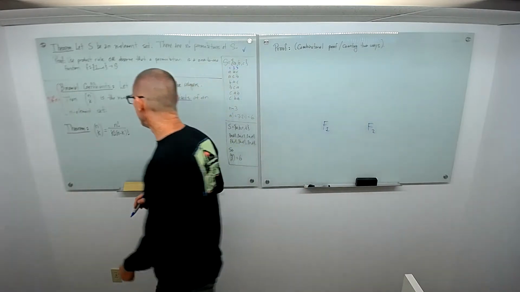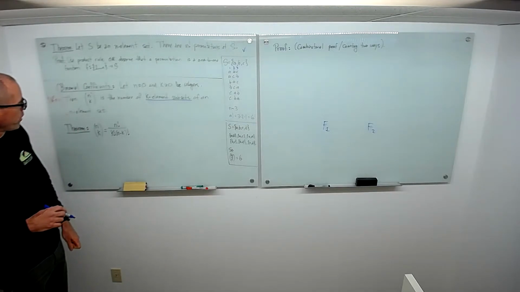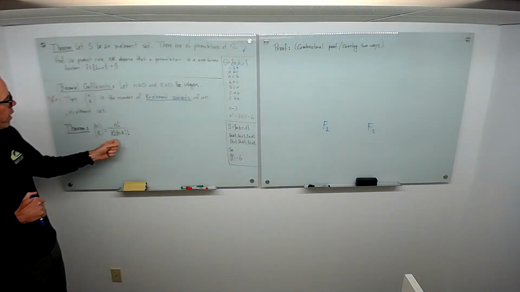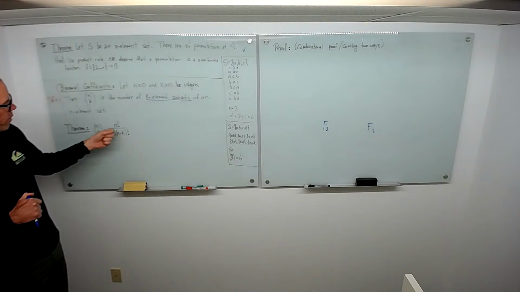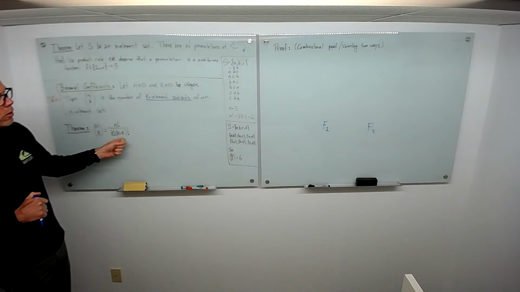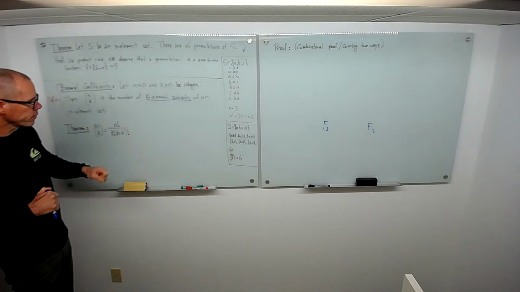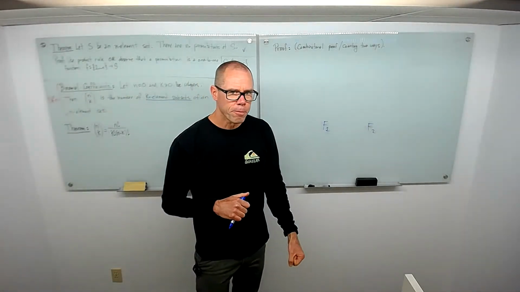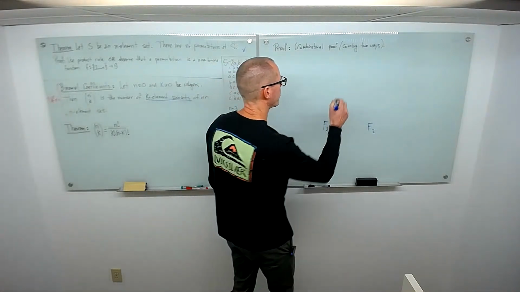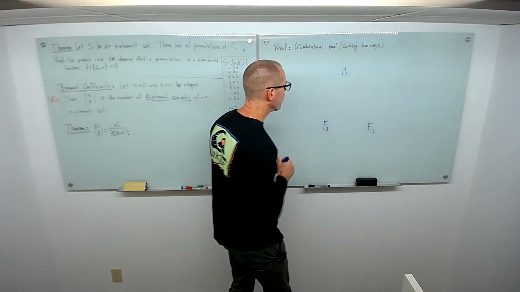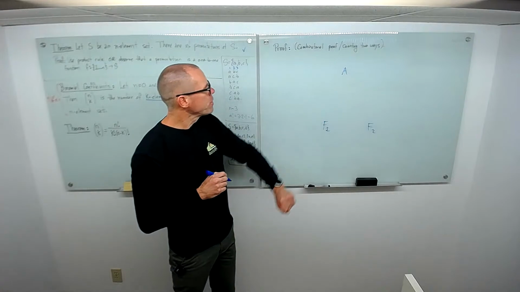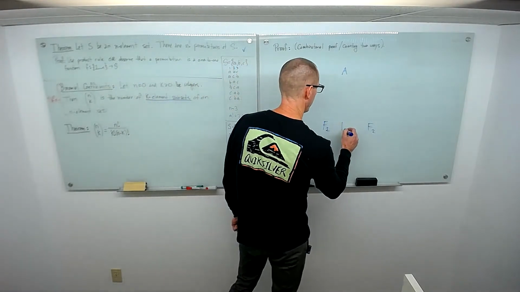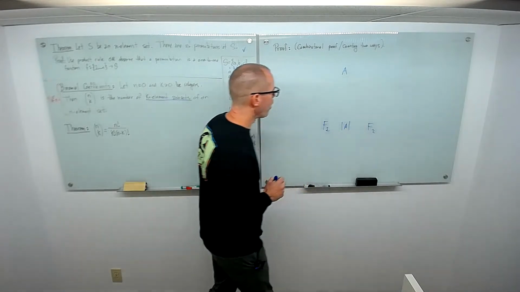So for example, here I have two formulas, or two expressions. On the left, I have n choose k, and on the right, I have this thing, n factorial over k factorial, n minus k factorial. So what we do is we define a set, A. We're going to define some set A, and we make some argument.